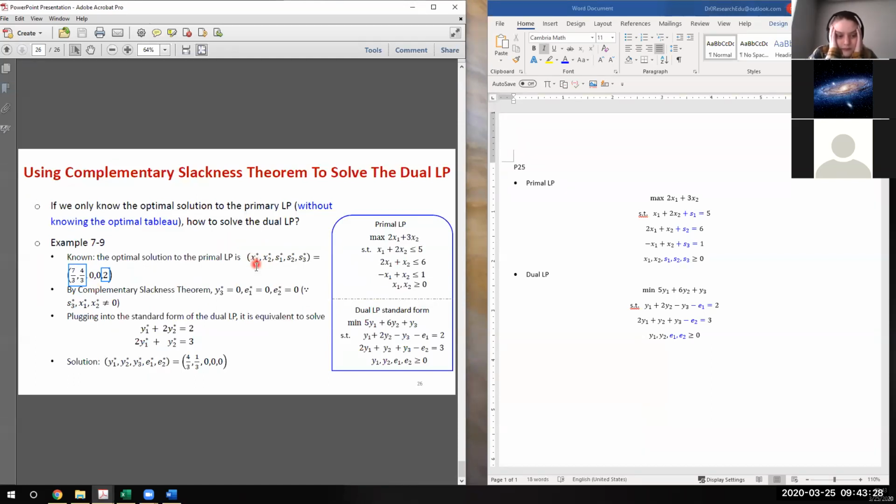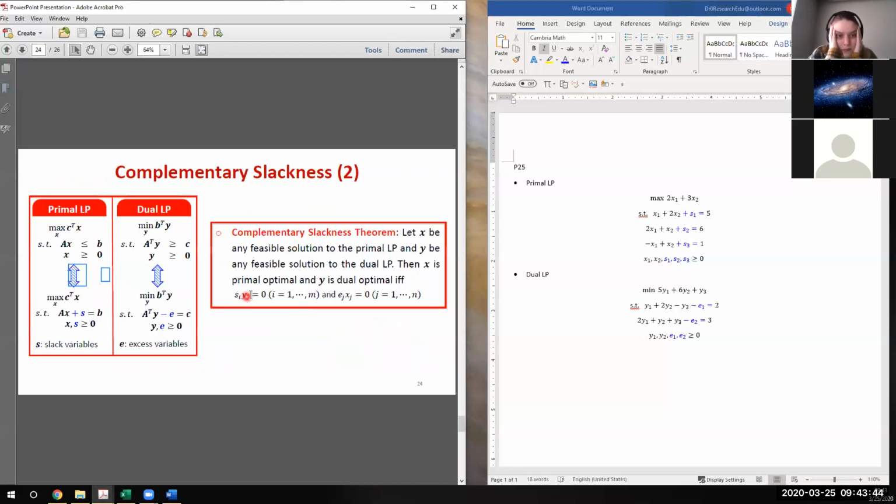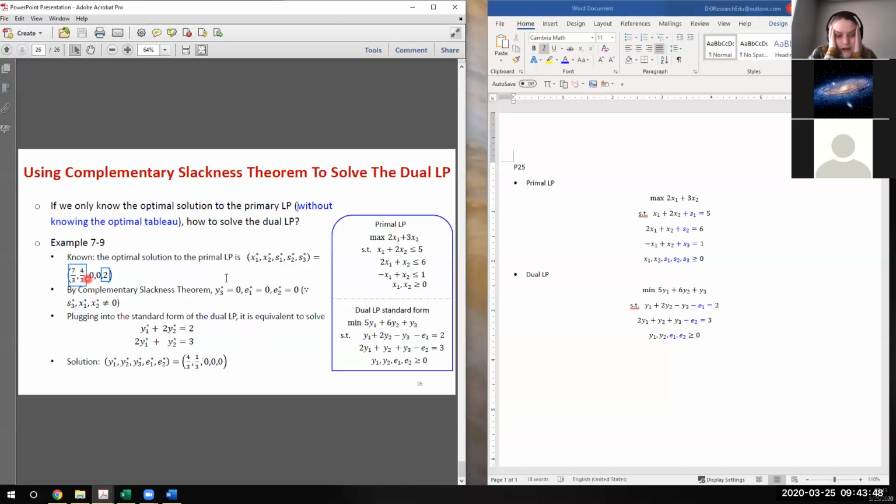Similarly, x2 is also non-zero. This tells you your e2 must be 0. Similarly, your s3 is already non-zero. This tells you your y3 must be 0. Otherwise, how can you guarantee that si yi and ej xj are 0, right? So I immediately get y3 equal to 0, e1 equal to 0, and e2 equal to 0.